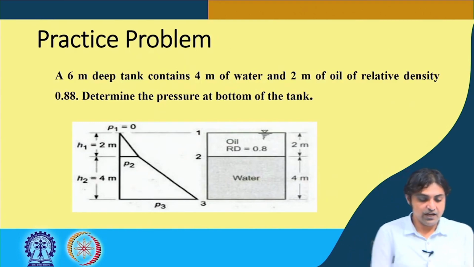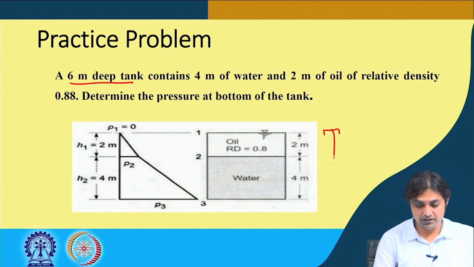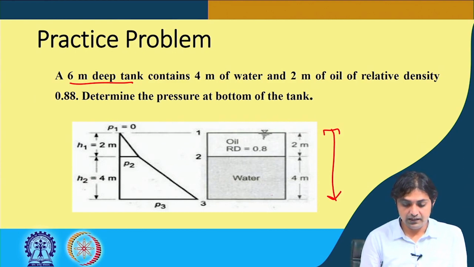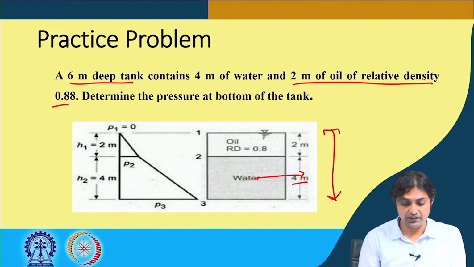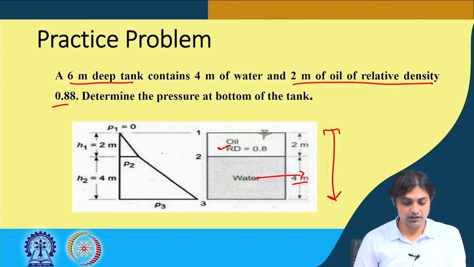We have a 6 meter deep tank, so this is 6 meters, and it contains 4 meters of water, as written here, 4 meters, and 2 meters of oil of relative density 0.88. We have to determine the pressure at the bottom of the tank. For your convenience, we have drawn the pressure variation on this side.